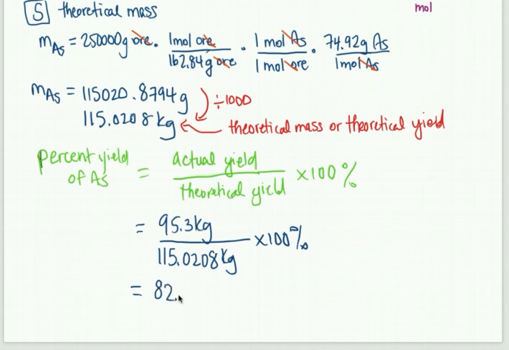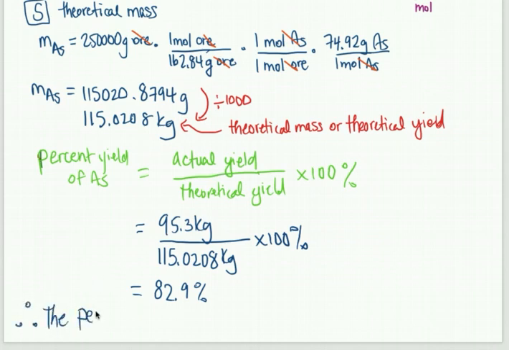All right, I'm getting 82.85, so I'm going to round that up to 9 because we're working in 3 digits here. So 82.9%. Okay, so now make your final statement.